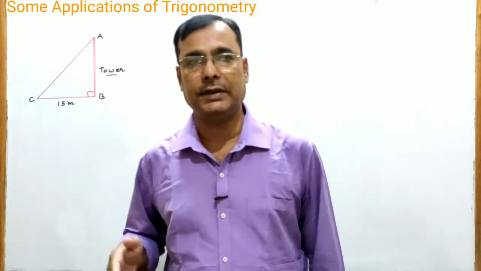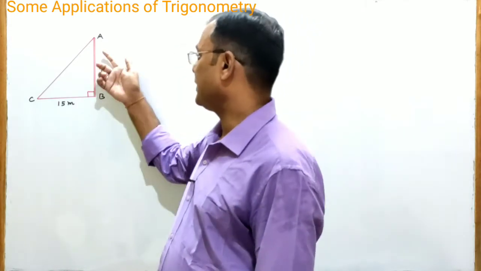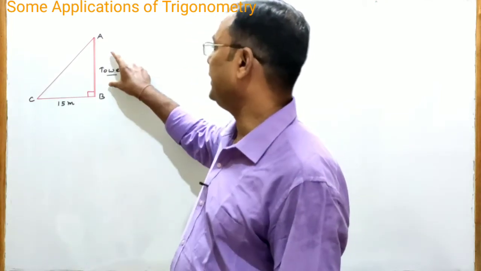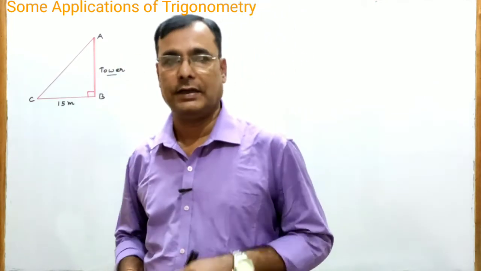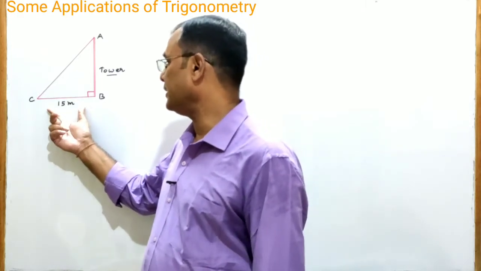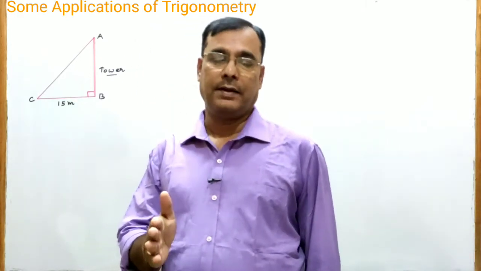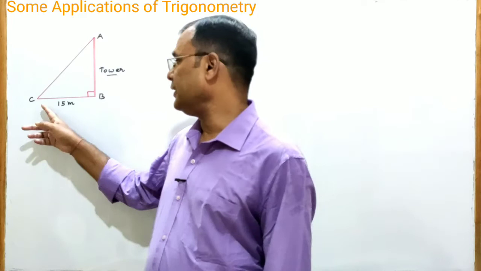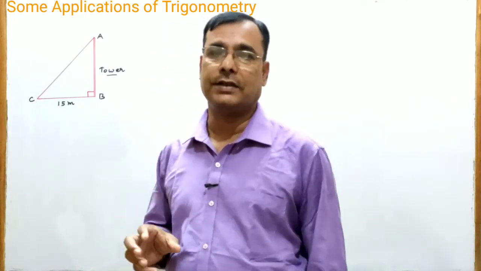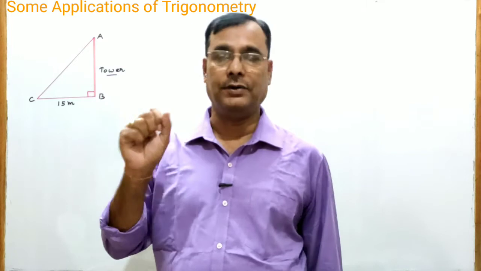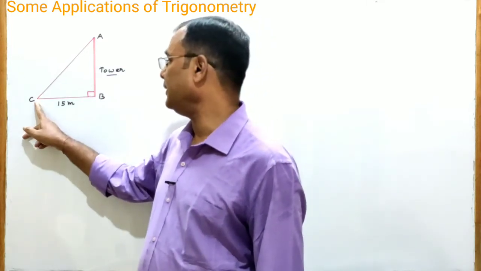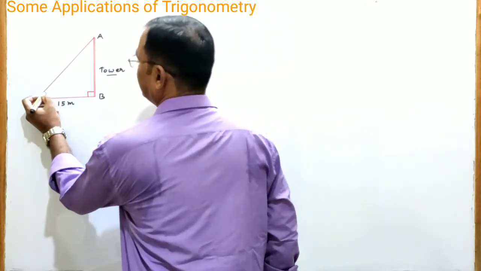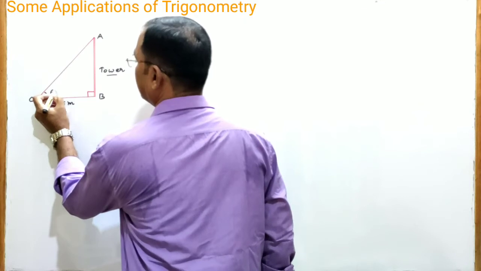A simple diagram is drawn like this: triangle ABC, right angled at B. In this diagram, AB represents the height of the tower and CB represents the distance of the point 15 meter away from the foot of the tower, that is point C. At point C, the angle of elevation of the top of the tower is found to be 60 degrees.